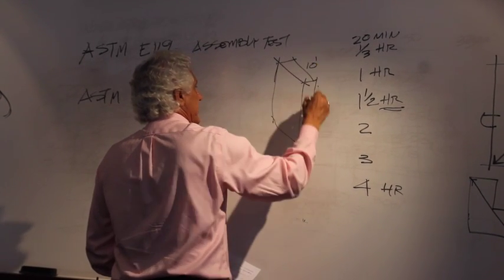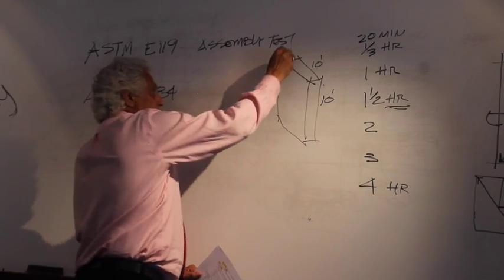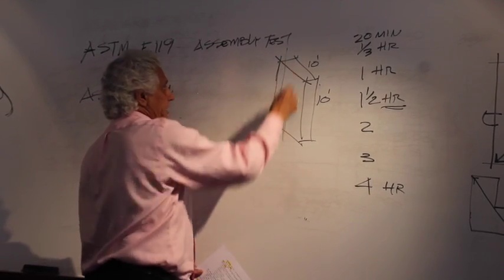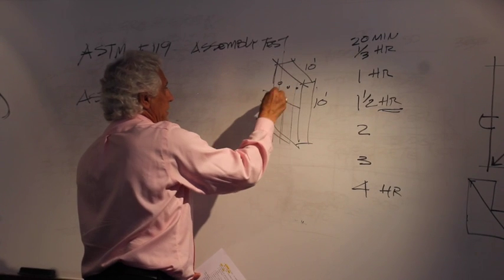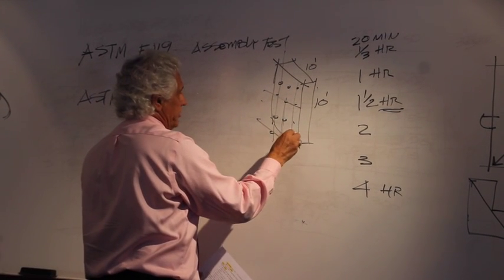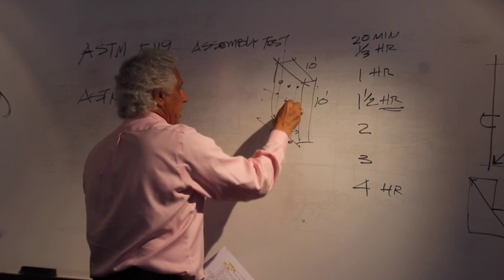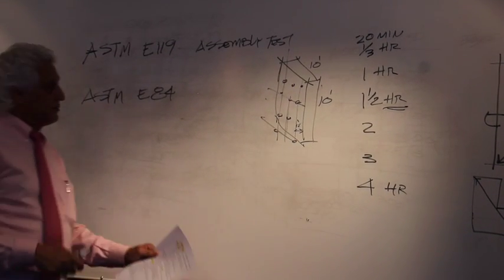And what they do is they take a 10 by 10 wall and they construct it, and then they have a whole series of gas heads, and I believe that they are 12 inches away from the subject material, and they ignite these gas heads and the fire starts.